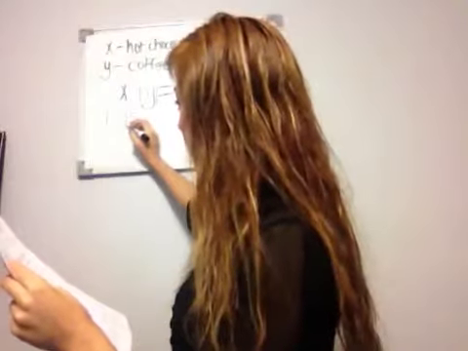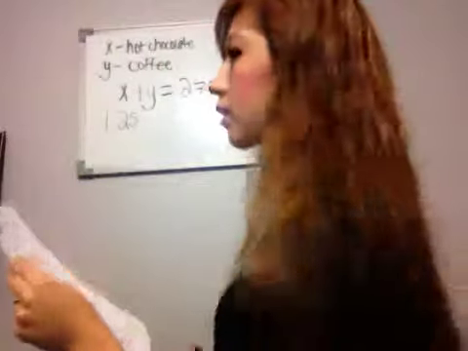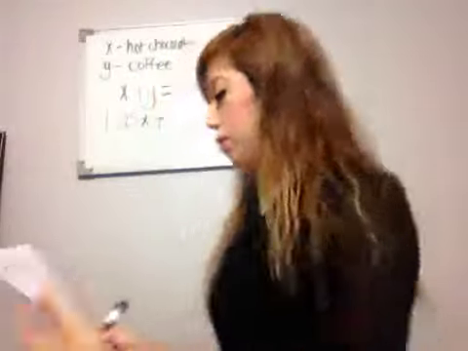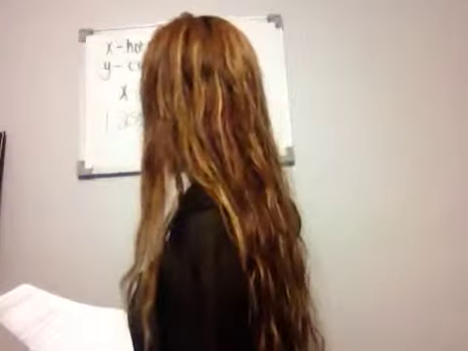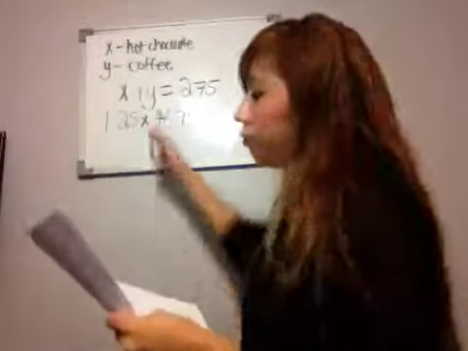What's the variable for hot chocolate? X, very good. And then plus, how much did the coffee sell for? 75 cents, very good. So it's 0.75, and the variable for coffee is? Yes, Y, very good.